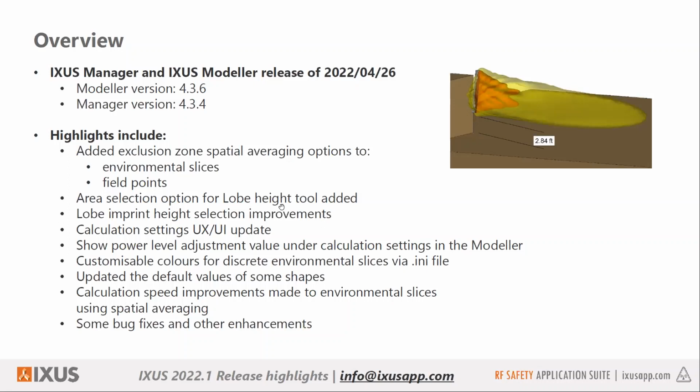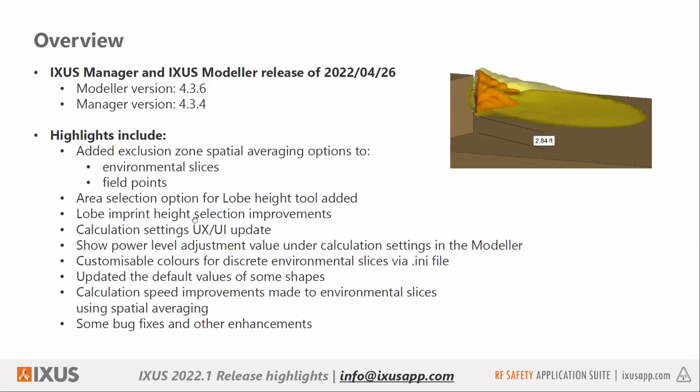Then one of the things that users also requested that we implemented is the fact that you really want to quickly determine what is this minimum separation distance between a surface and an exclusion zone, and we've added an option to our lobe height tool that simplifies that for users quite significantly.